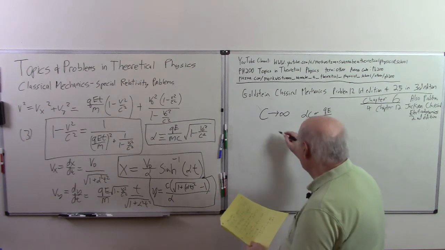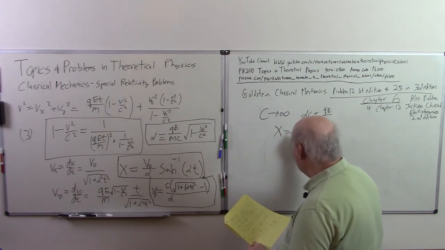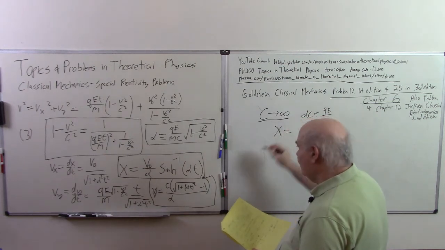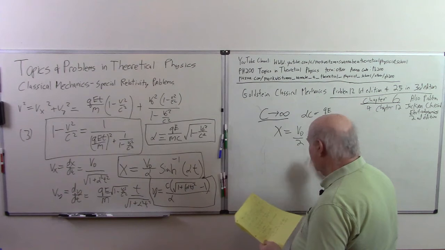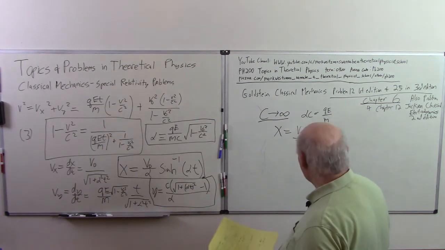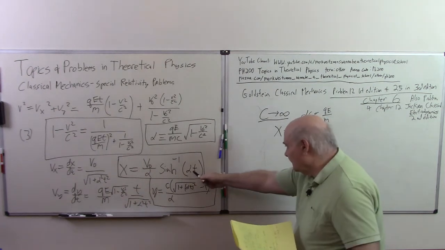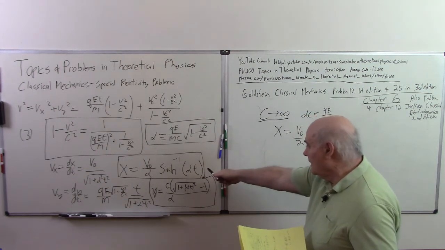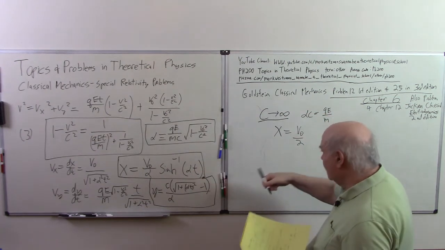And so x is equal to, now under this, we have v0 over alpha, sorry, that's not 2, that's alpha. Since alpha goes to 0 basically as c goes to infinity, this becomes small, and sinh of a small number is the same as the number.